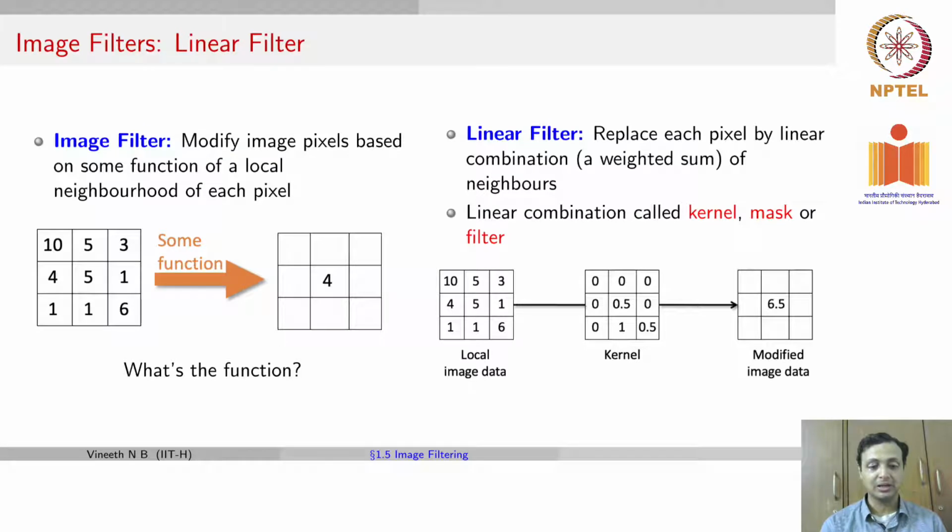In this particular case, it simply turns out to be an average of all the pixels in the neighborhood. You could also make this more complex and introduce a filter which has specific values in different locations, and you simply do a dot product of every value in the location in the image with the corresponding value in the location in the filter.